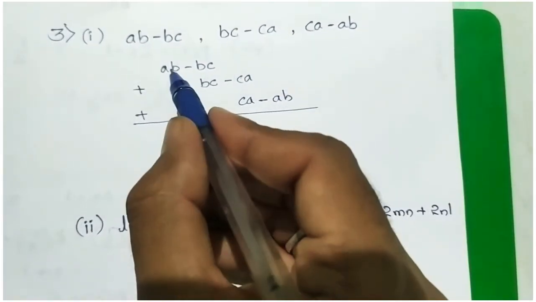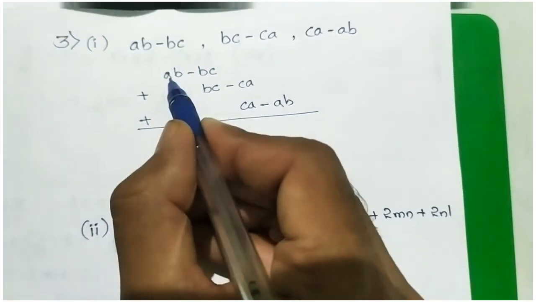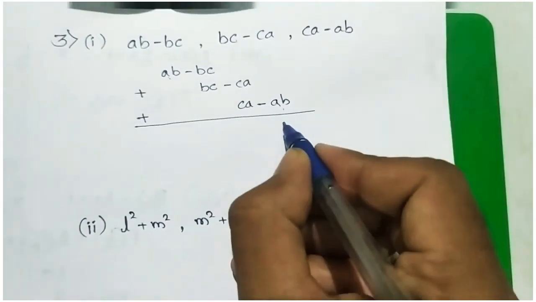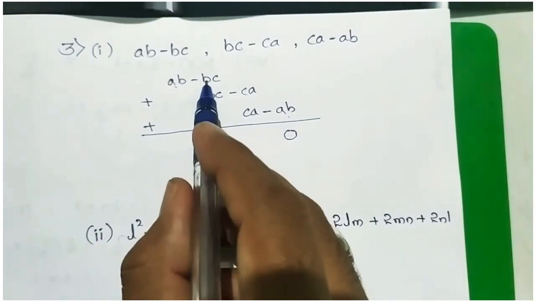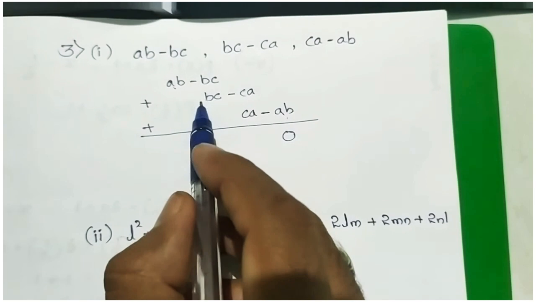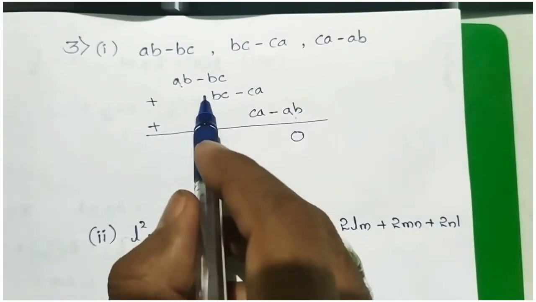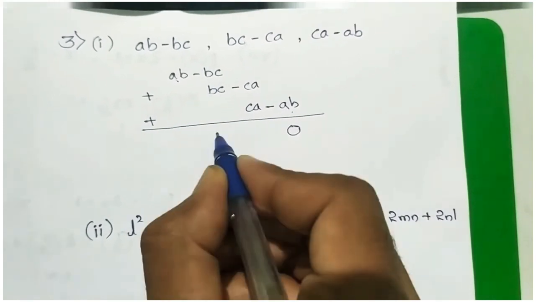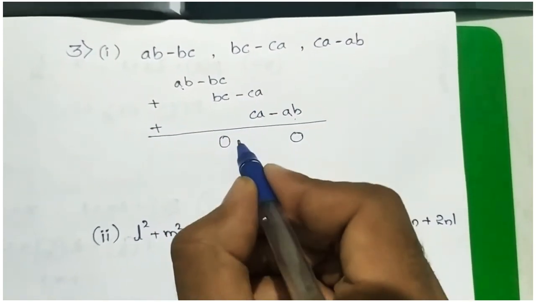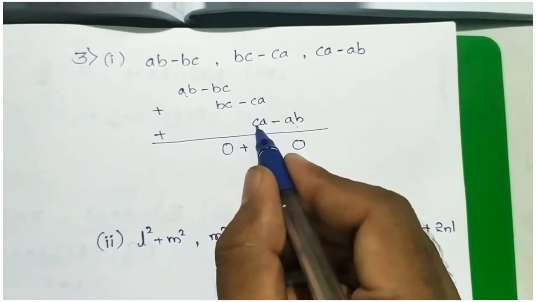Okay, so first ab is there, here minus ab is there. So ab minus ab, it will be 0. Next, bc: here minus is there, here plus is there. So opposite signs are there. Opposite signs means what we have to do? We have to subtract. So bc minus bc, it will be 0. Next, what is left? ca minus ca plus ca.